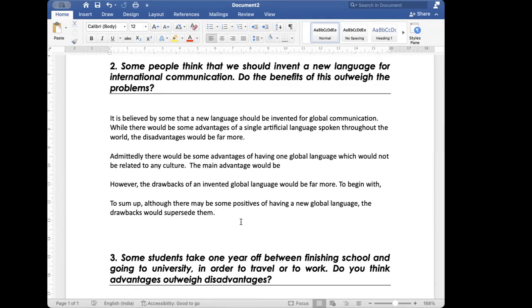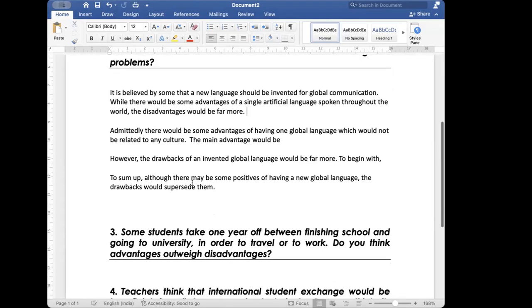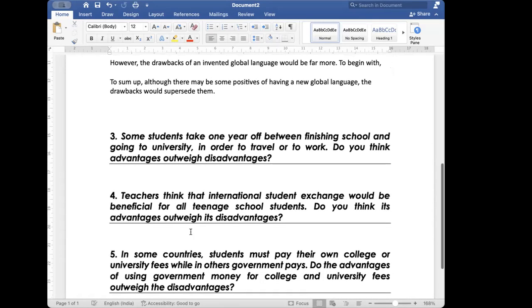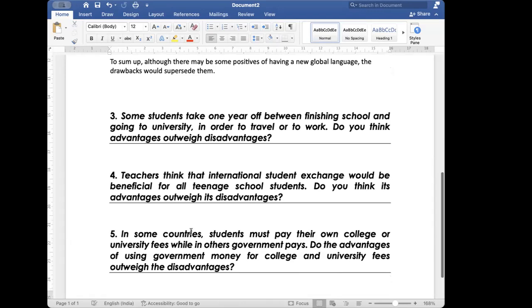On the other hand, there are many reasons why other people say that it would not be a good idea to have one international invented global language, right? So that is the difference between the discuss essay and the opinion essay, which is an advantages, disadvantages essay. Now let me know how many of you want to attempt this skeleton and get it checked.